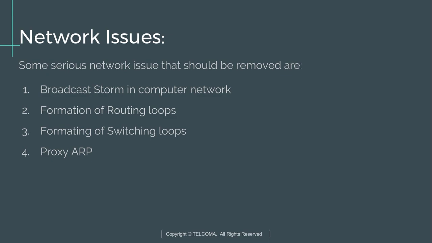The next is proxy ARP. Proxy ARP is a device in a network which answers an ARP query on behalf of another node, for a network address that is not on that network. It provides an answer to the ARP query with the address of a device which is not present on that network.